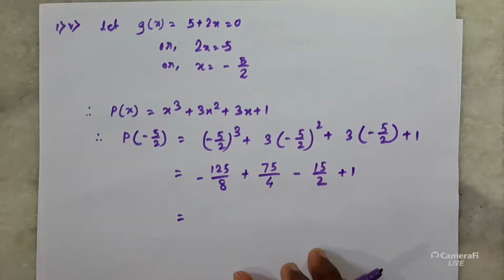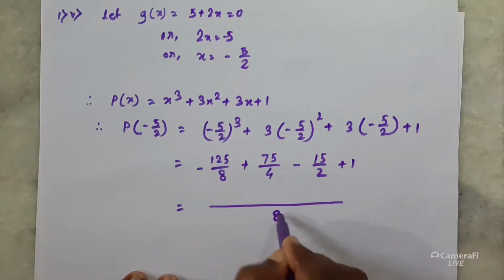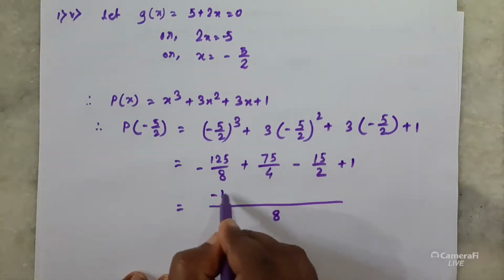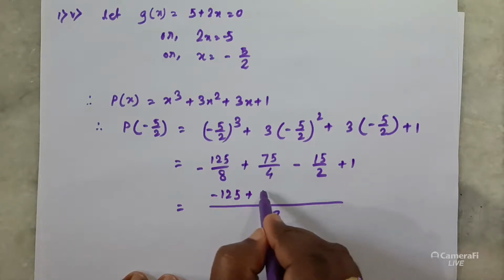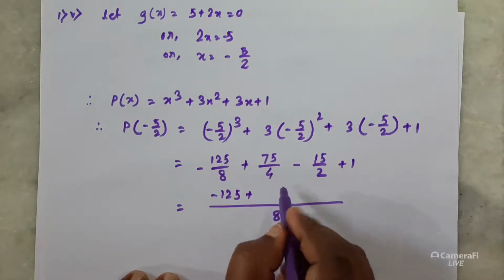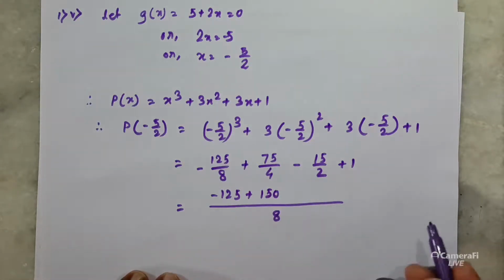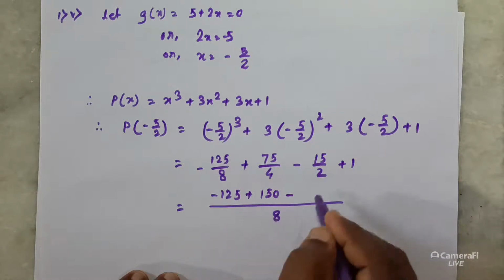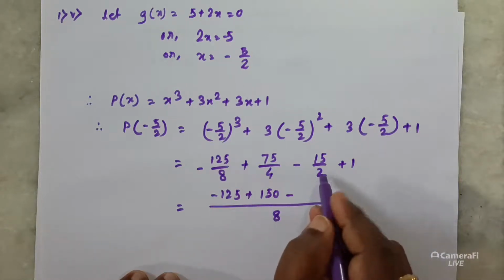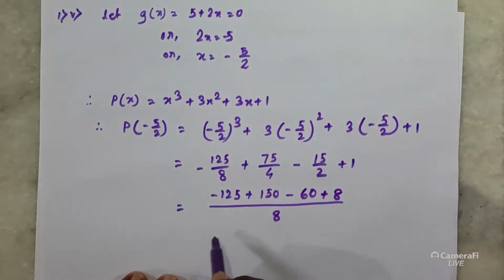So the LCM will be 8. It will be minus 125 plus 75 into 2, that is 150, then 8 divided by 2 means 4 into 15, that is 60, plus 8.